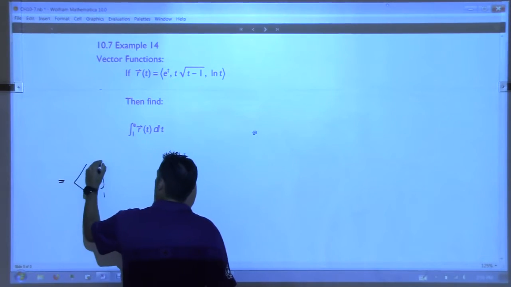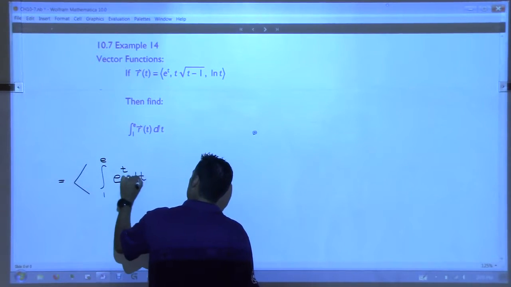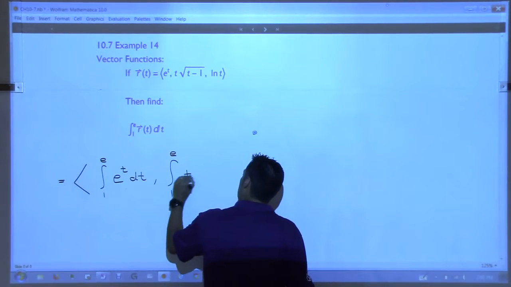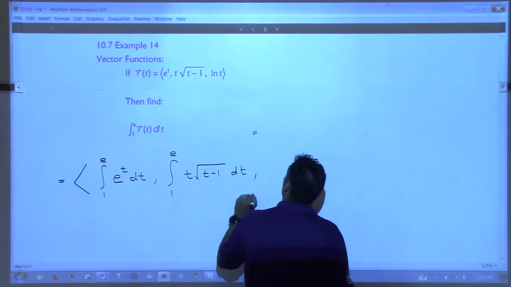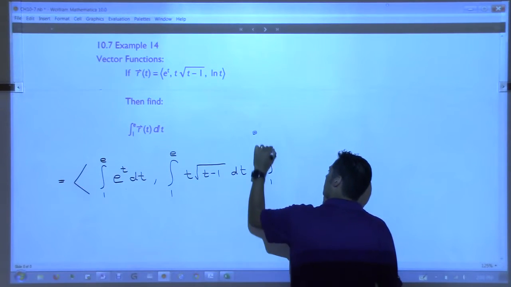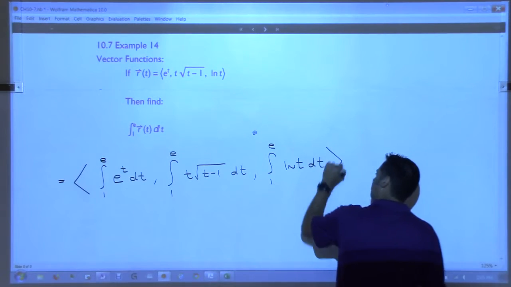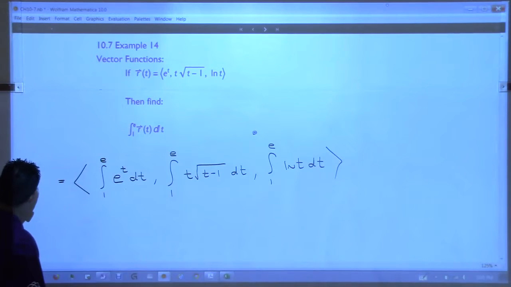The integral from 1 to e of the first component function, e to the t dt. Then the integral from 1 to e of t root t minus 1 dt. And then the integral from 1 to e of natural log t dt. So that's what this is equal to.